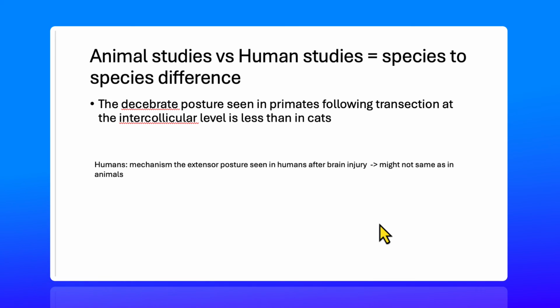He noted, as I mentioned earlier, that the decerebrate rigidity in cats from intercollicular lesion was much more pronounced than in primates. So the mechanism of the extensor posture in humans might not necessarily be the same as in the animals that were studied by Sherrington.